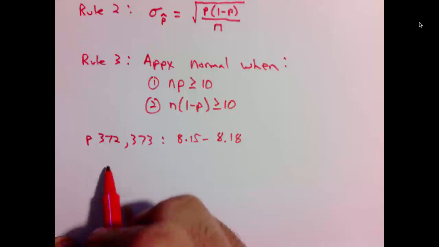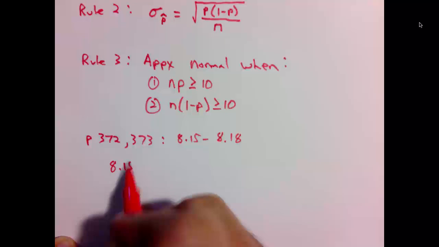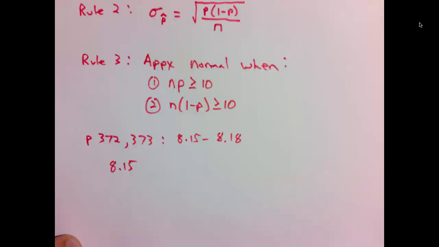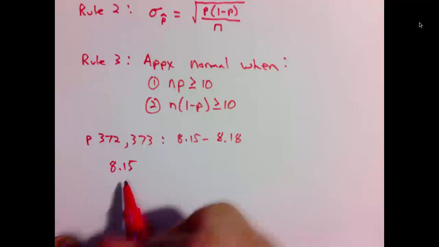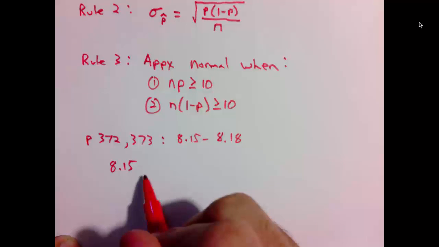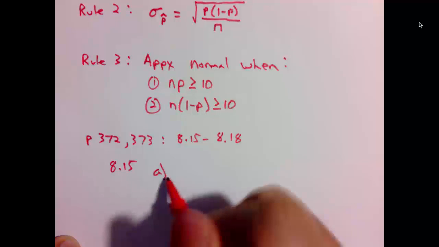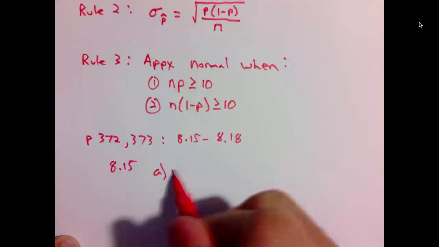So looking at 8.15, it says a random sample is to be selected that has a population proportion of p equals 0.65. Determine the mean and standard deviation of the sampling distribution of p hat for each of the following sample sizes. 8.15a says that n equals 10.